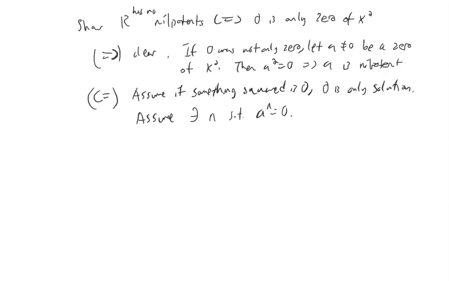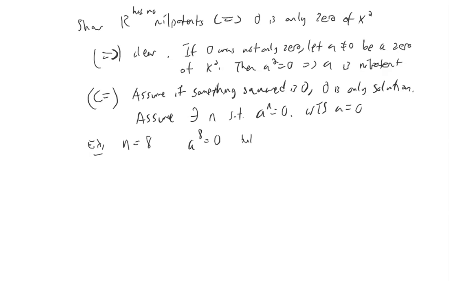We need to show a is 0, right? But my point is, if n was a power of 2, is it clear why this is true? For example, if n was 8, then a to the 8 is 0, right?